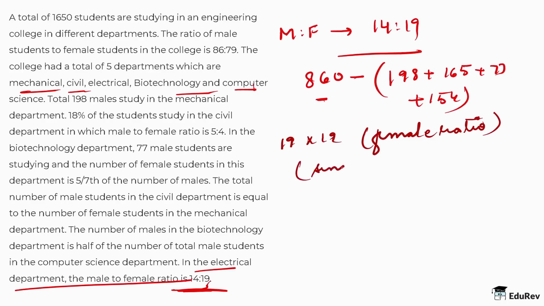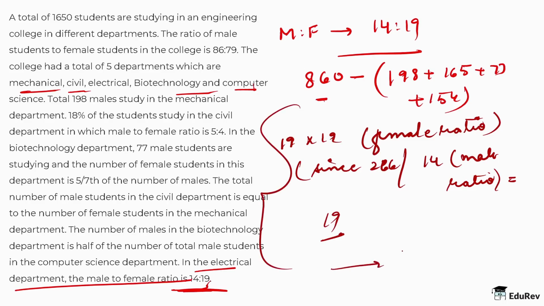Since 266 by 14 male ratio equals 19, the total number of females by this is going to be 361. Great, okay. Now the last point is the number of females in computer science.